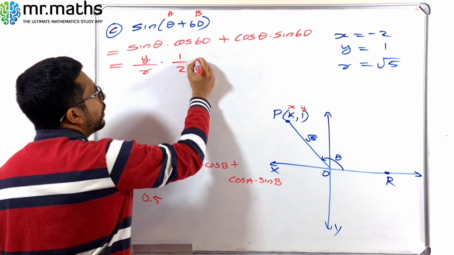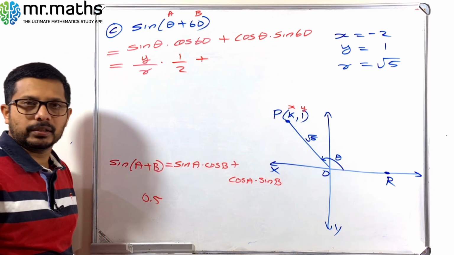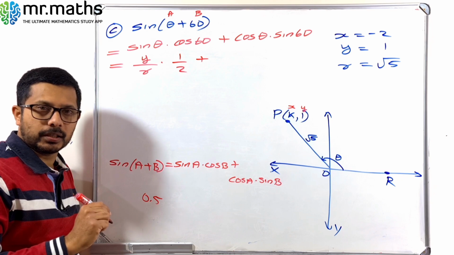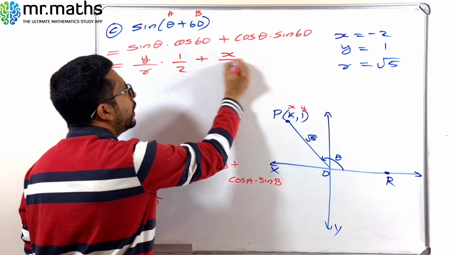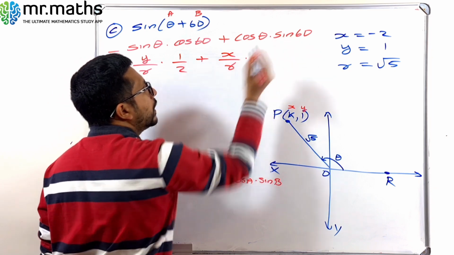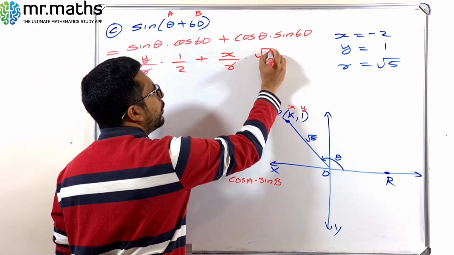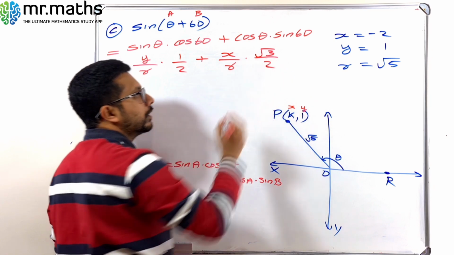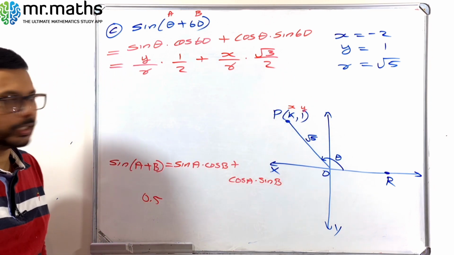Okay, then plus cos theta. What is cos theta by definition? Adjacent side by hypotenuse. Adjacent side we represented with x, by hypotenuse, into sine 60. What is sine 60? Is it not root 3 by 2? Sine 60, that is a special angle, that is root 3 by 2.